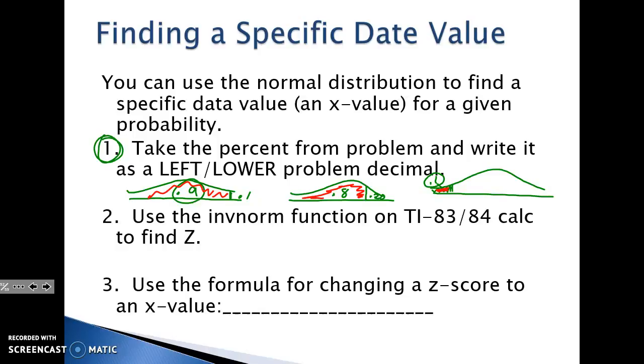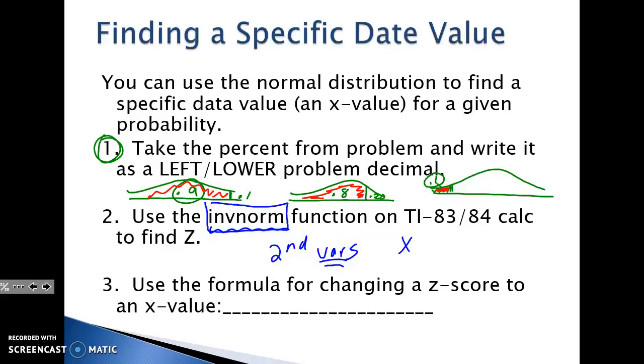After we write the problem as a left problem, we're going to use this function. Your notes say something about a table. We're not going to use a table. We're going to use this function. It's called inverse norm, and it's under that second bar. So if we go second bars on our calculator, we should see the third one down. It says inverse norm.